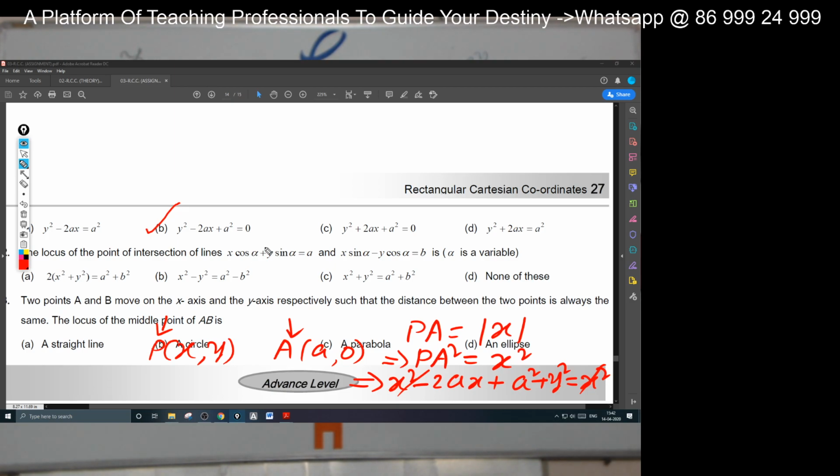Next one. It is a little different problem, wherein you have to eliminate the parameter which is given to be the variable there. The locus of the point of intersection of the lines x cos alpha plus y sin alpha is equal to a, and x sin alpha minus y cos alpha is equal to b.